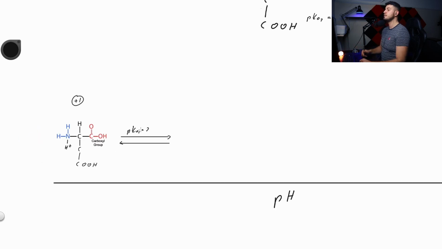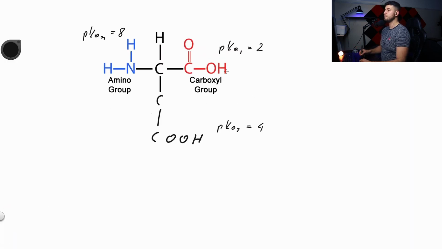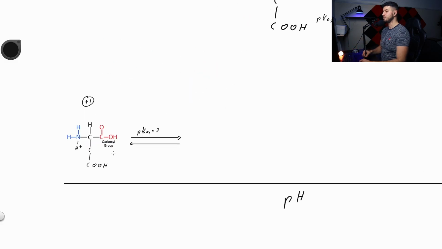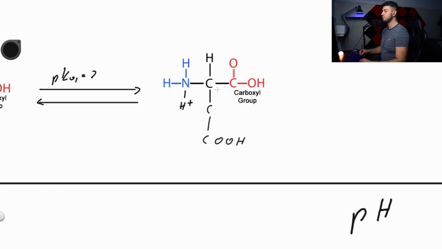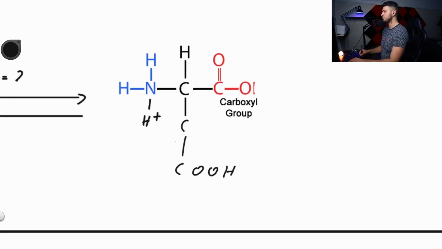Now what next? As we go above this first pKa, this hydrogen will dissociate, will be taken away from our amino acid. So let's draw it. Our carboxyl group will lose its hydrogen, and we'll have just a negative charge left in here.